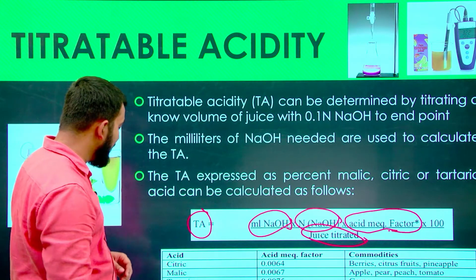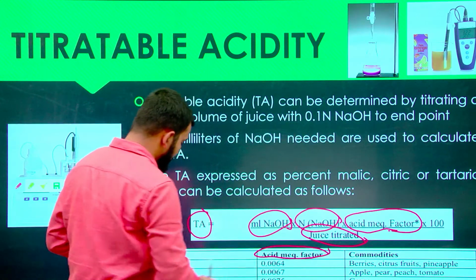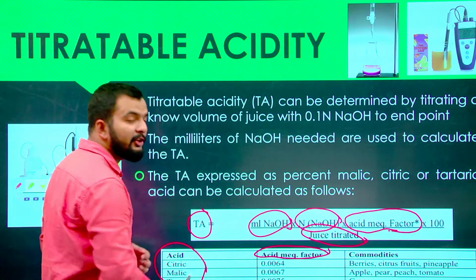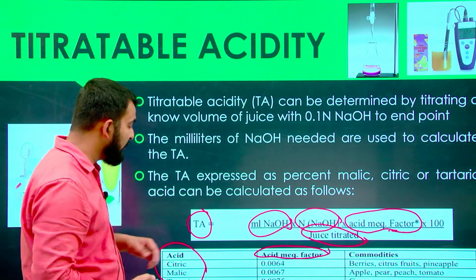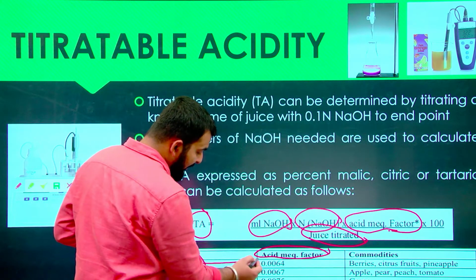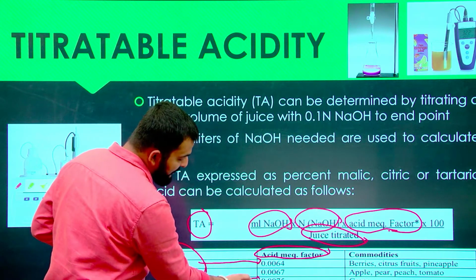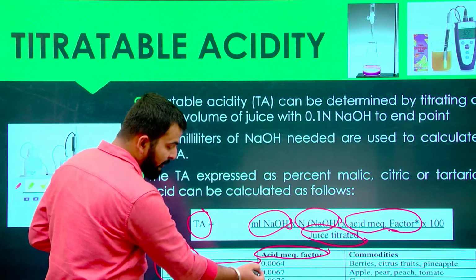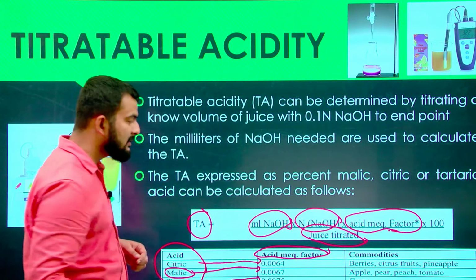Here is the milli equivalent factor provided for the standard organic acids used for titrable acidity calculation in fruits and vegetables. For citric acid this factor is 0.0064, similarly for tartaric acid 0.0075, and for malic acid it is 0.0067.